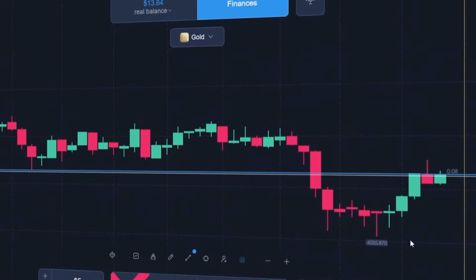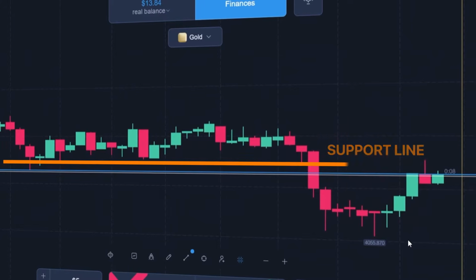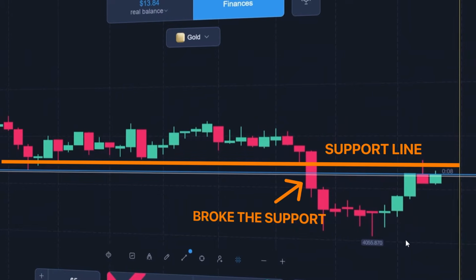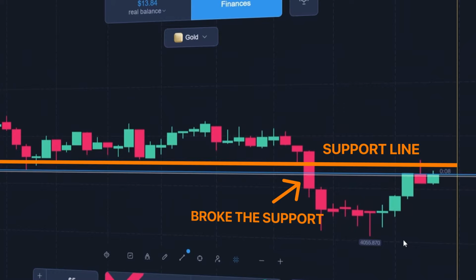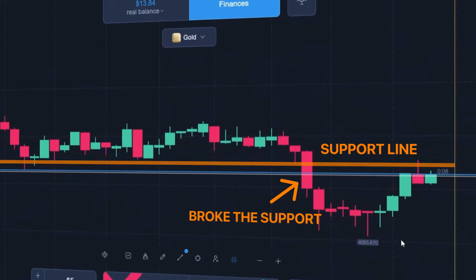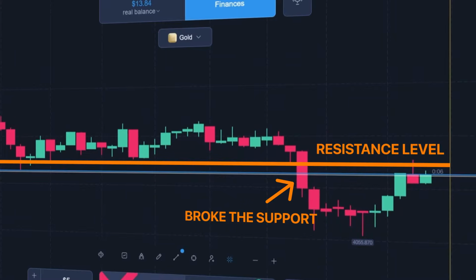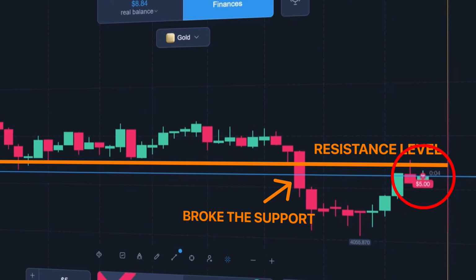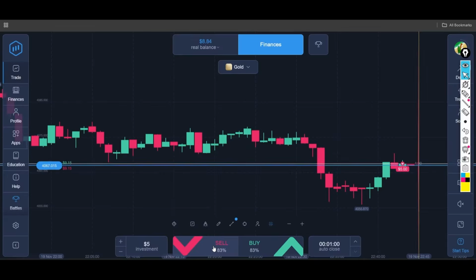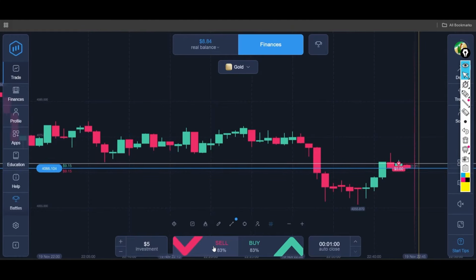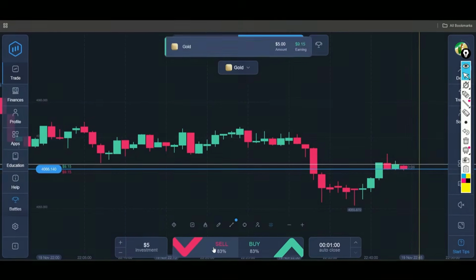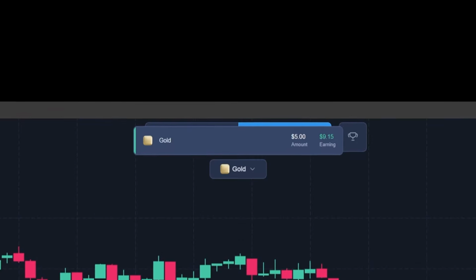If we look closely, we can see the price followed this support line and broke it with a strong red candle. Usually, when this happens, the earlier support line becomes the new resistance level, so I placed a $5 sell trade right at this level. Close the trade with a profit.